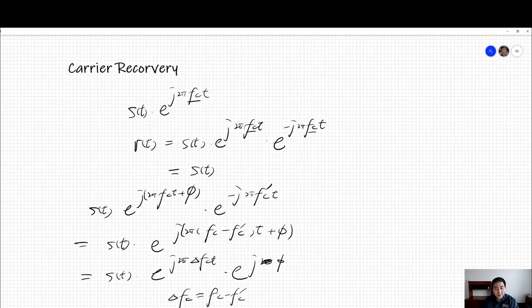So that is the carrier phase offset. If both of these are non-zero, then at the receiver side, I either need to find the delta fc, or find a way to compensate these two non-zero values in order to recover a perfect s(t), the received signal.